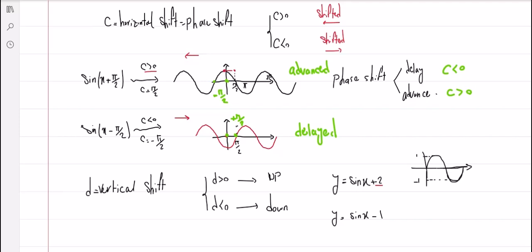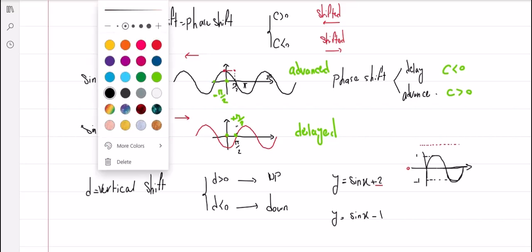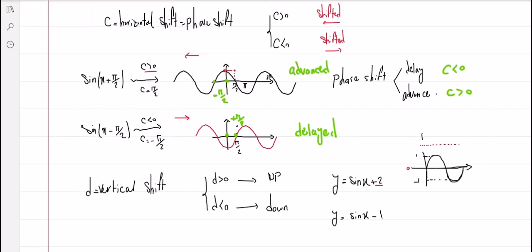And for that, I'm gonna note that since the center line in here is equal to 0, the new center line is gonna be this one. If I actually continue drawing the y-axis, the y-axis would be looking like this, and this value would be equal to 2. So the new center line of the function would be this one.